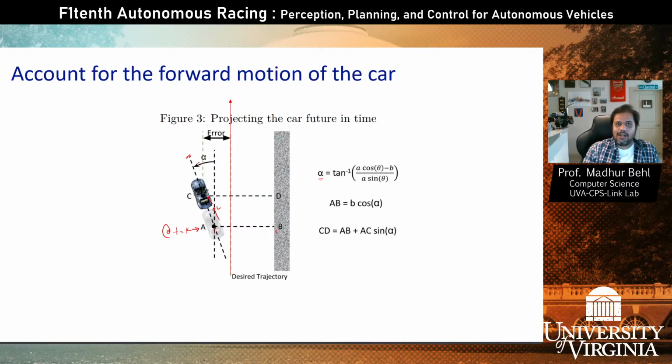We can project the car into the future by a fixed distance, or a fixed velocity times time. What I want to minimize is not the instantaneous value of the error between the desired trajectory and AB, but the error between the desired trajectory and this future projected distance, which is given by CD. So at time k, I am projecting my car into the future, and I'm going to minimize the expected error in the next time step or in the future rather than the instantaneous error. That way I'm not always chasing the error.